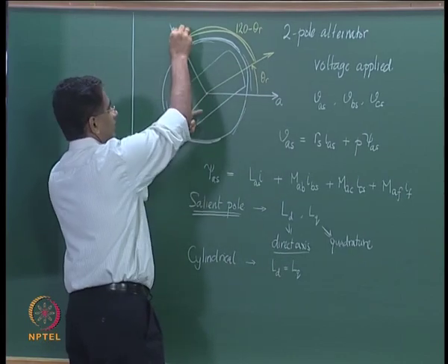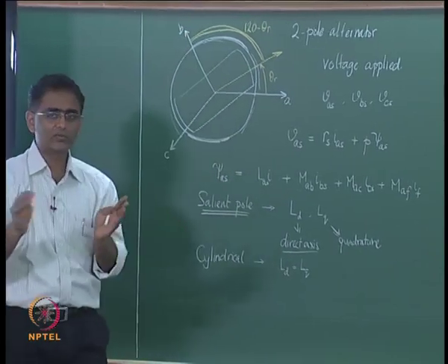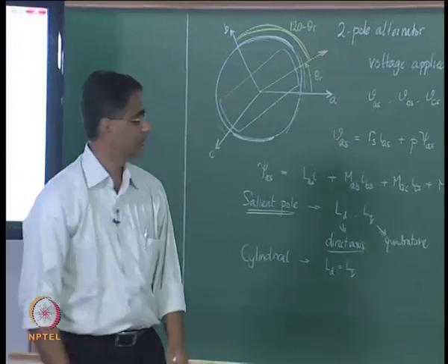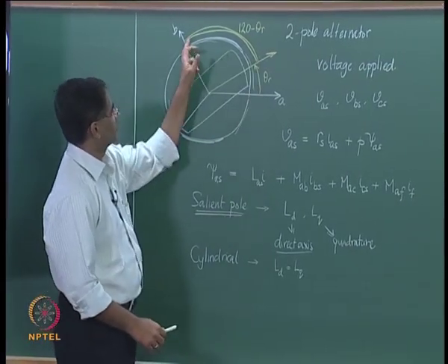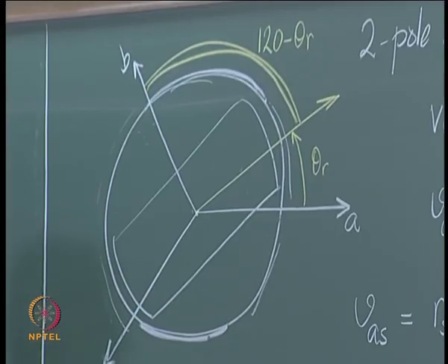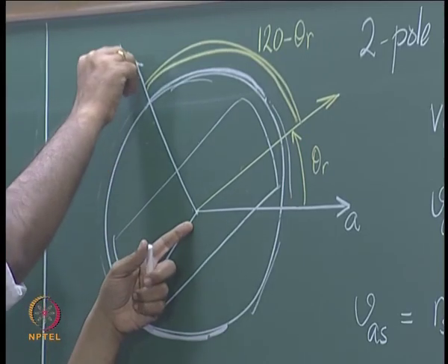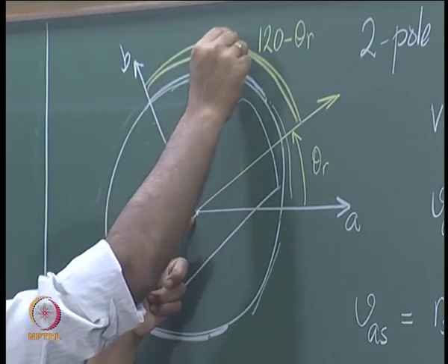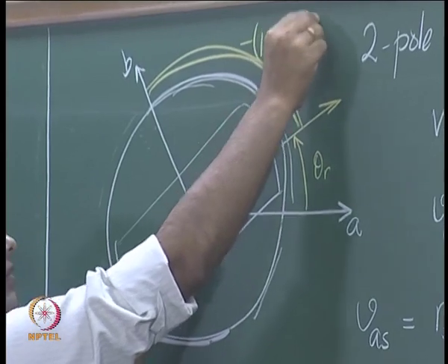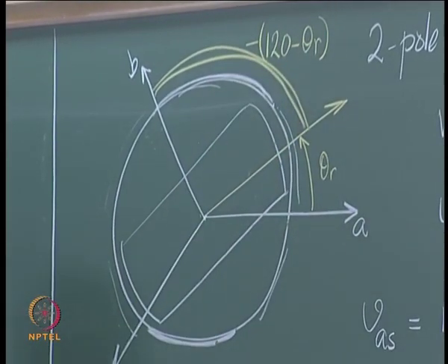This angle is 120 because in a 3 phase machine the phase axes are displaced by 120 degrees. Here is already theta r and therefore this must be 120 minus theta r, but however with respect to the B axis the rotor axis is behind and therefore this angle is minus. So, minus 120 minus theta r.